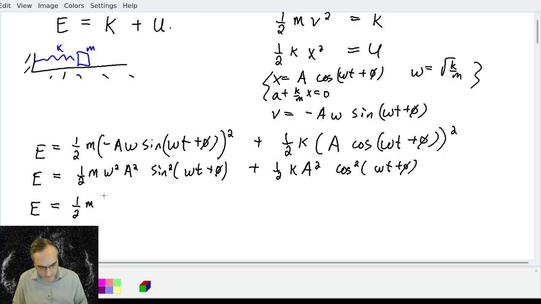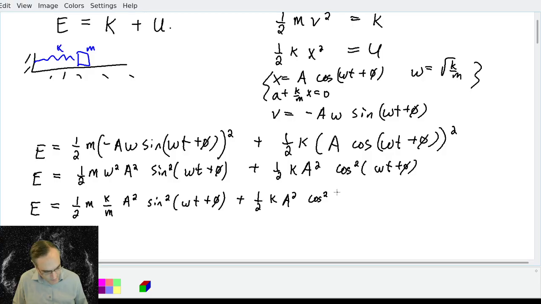Omega is the square root of k over m, so squaring it gives us k over m. And as soon as we cancel out what we just got there, an m over m, we are going to have the same factors.